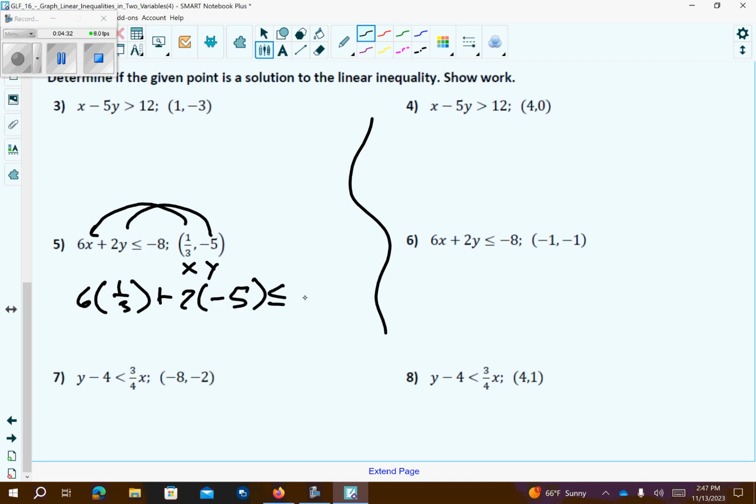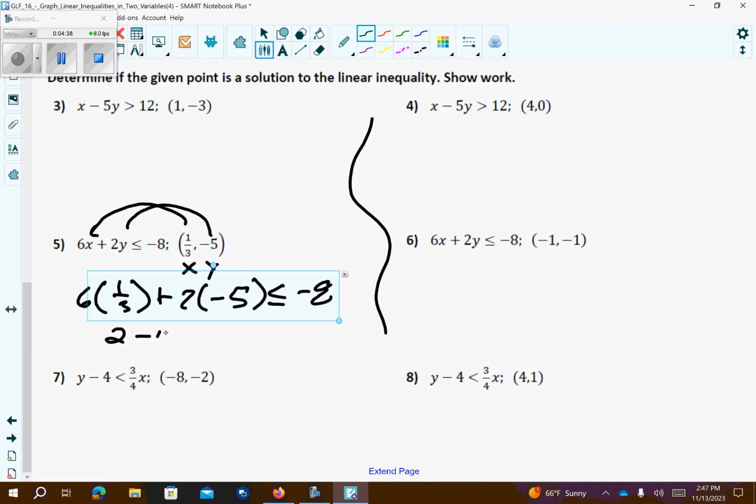Is that less than or equal to negative 8? 1/3 of 6, so 3 goes into 6 twice. And then I'm going to get minus 10. Is that less than or equal to negative 8? Is negative 8 less than or equal to negative 8? Because you have the equal sign, yes, 1/3 comma negative 5 is a solution.